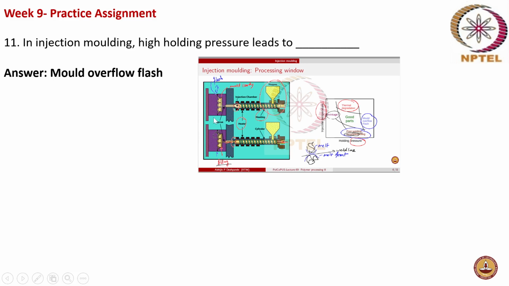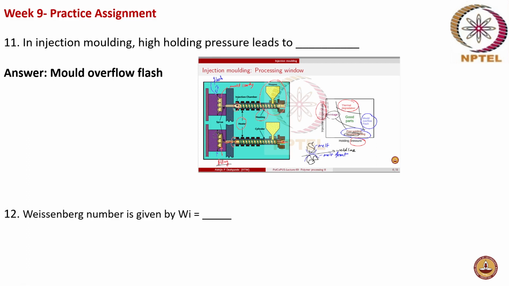So when you have very high holding pressure, there may be flashing out or overflow. Okay, got it.